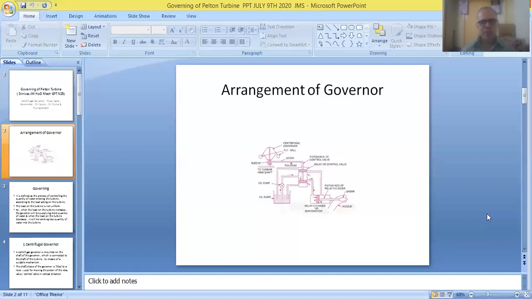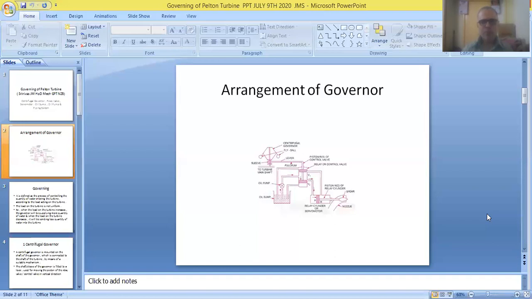It is used not only for operating the sphere of the Pelton turbine, but also it is used for operating the guide blades of Francis and Kaplan. So, the governor is one and the same, that's called a centrifugal governor.